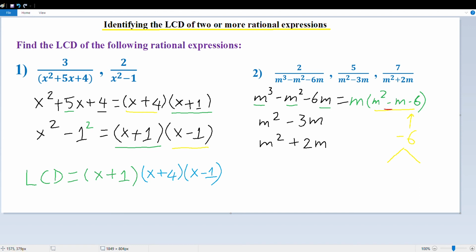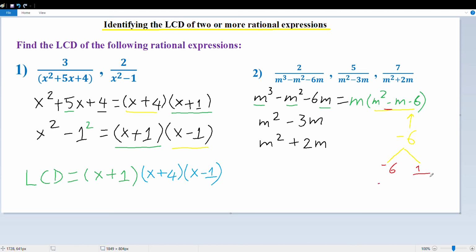So we could say, okay, the numbers could be -6 and 1. Let's see. Here, -6 times 1 is -6, but -6 plus 1 would be -5. Here we just need -1. So that's not gonna work.